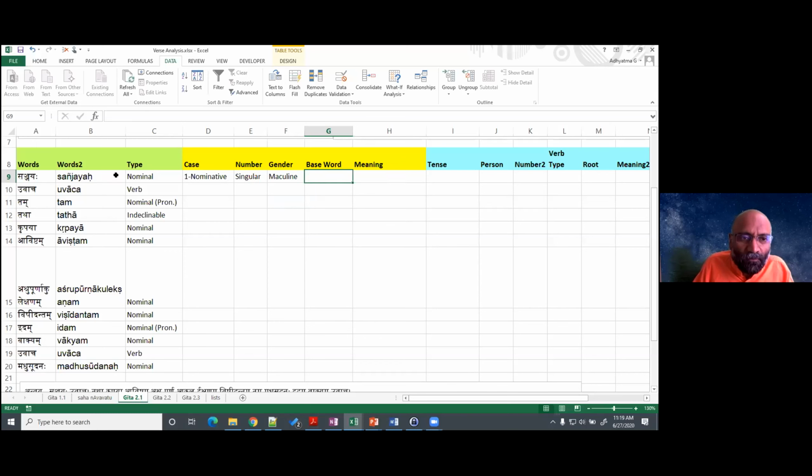Base word. If you know Sanskrit, the base word would be Sanjaya, like Rama, Ramaha, and it means the name of a person. So these are the details.